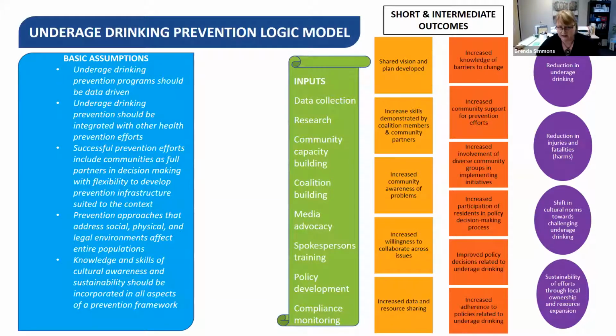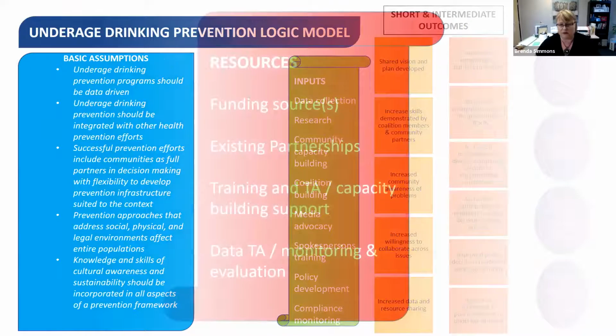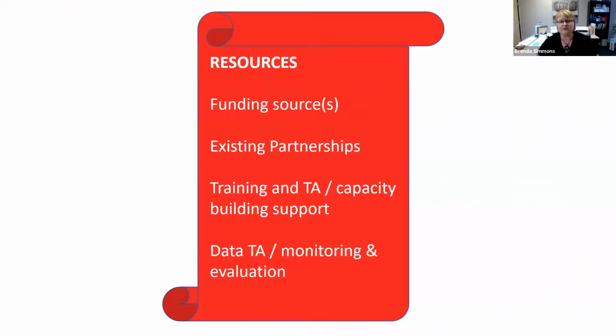And then finally, we look at resources. So you understand where you're going, what you want, what your long-term goals are, what your vision is, what you're trying to achieve, and how you're trying to achieve it, and what strategies you're using. And so now you can identify what kind of resources you need. You may already have the funding source identified before you do a logic model, but what kind of resources are you going to need?